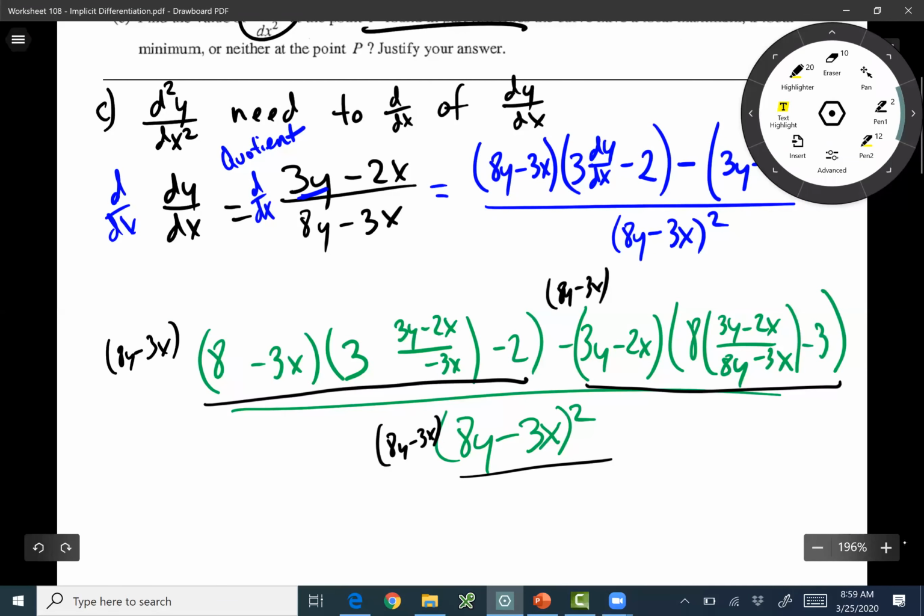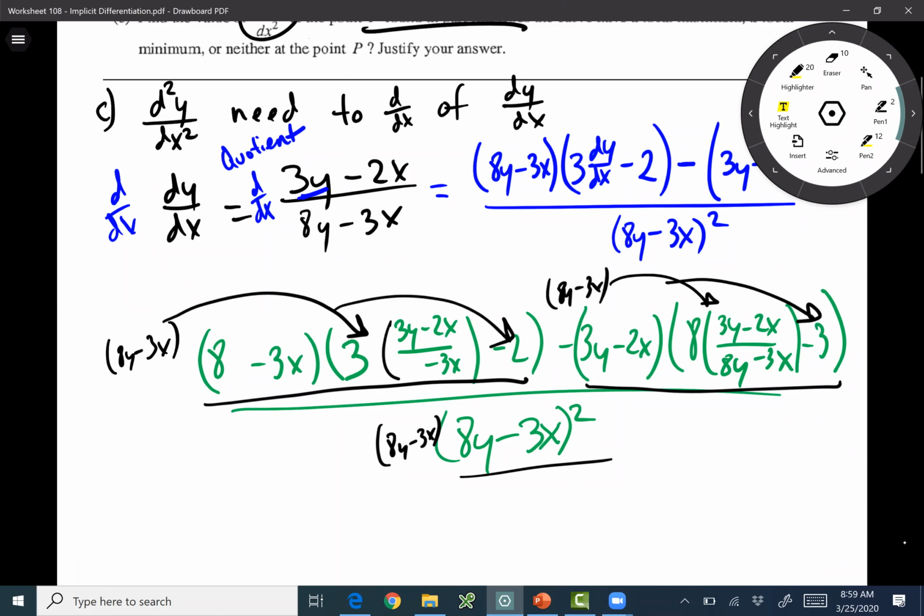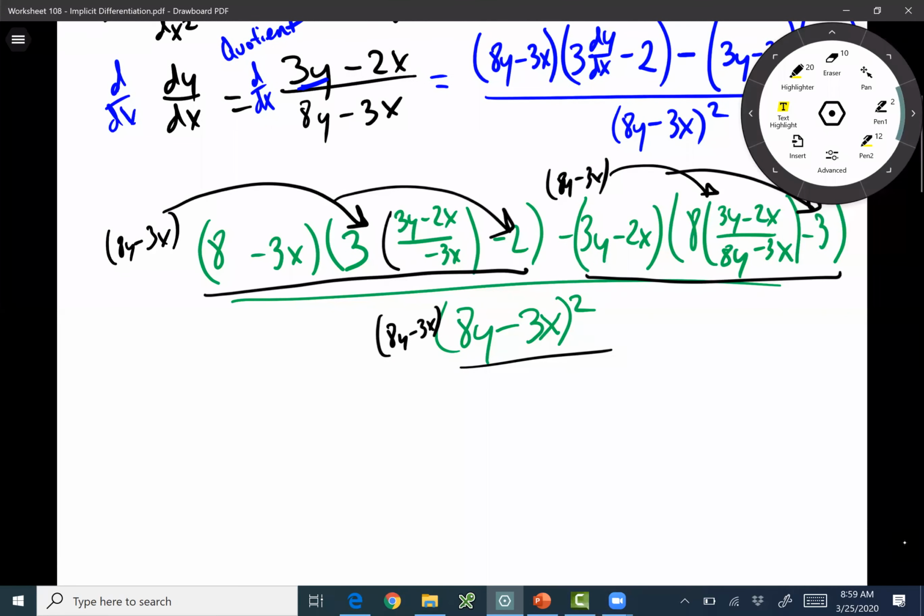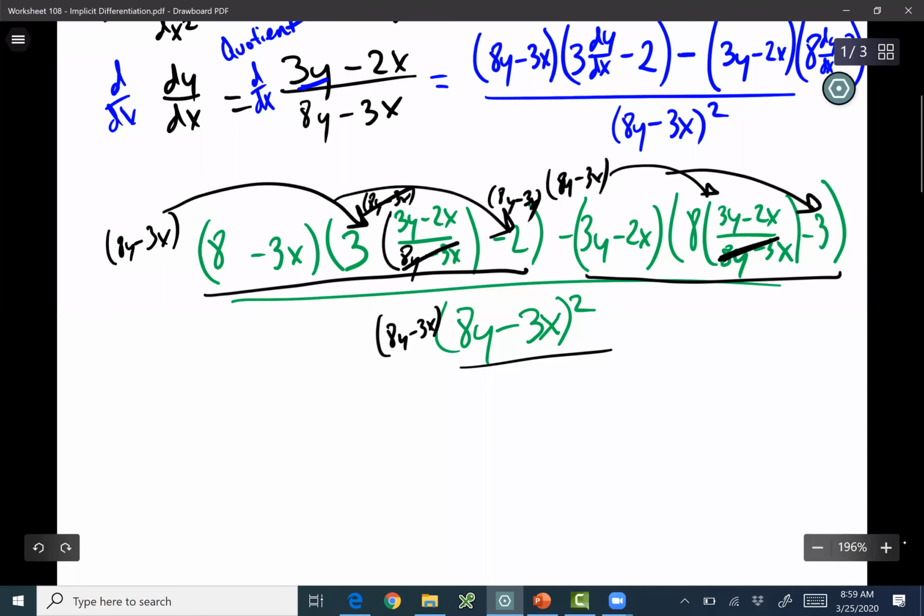Now, in this case, we want to multiply it to the second part, but it needs to multiply to these two guys. Here, same thing, it multiplies to the second part, but because of the parentheses, it needs to multiply to both of those. So there's an 8y there. So basically here, 8y minus 3x cancels, but it still does multiply to the 2. Here it cancels, but it still does multiply to the 3.